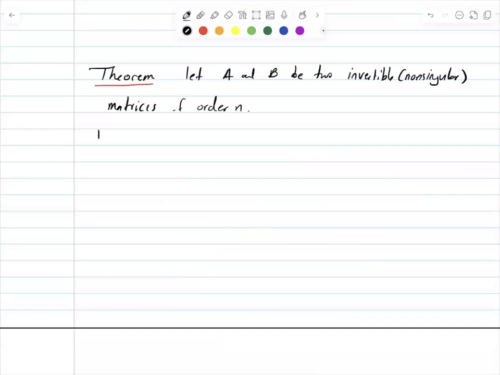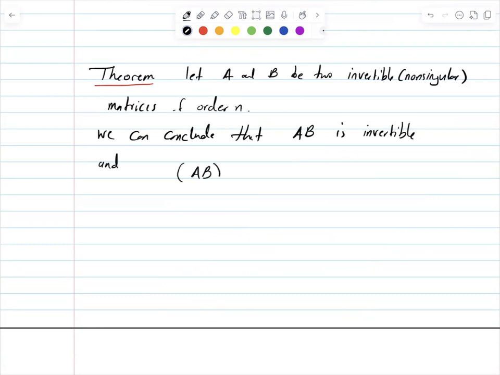Then we can conclude that their product AB and also BA are invertible, and the inverse of AB is the inverse of B times the inverse of A.